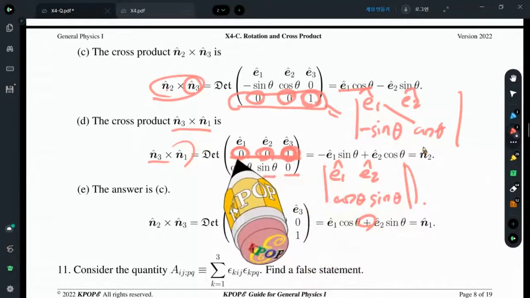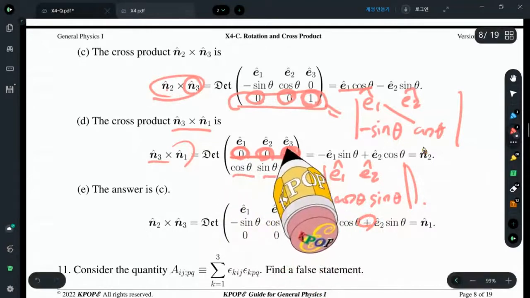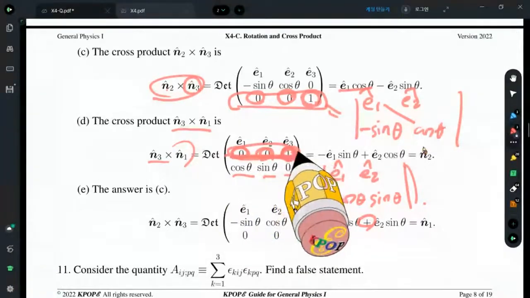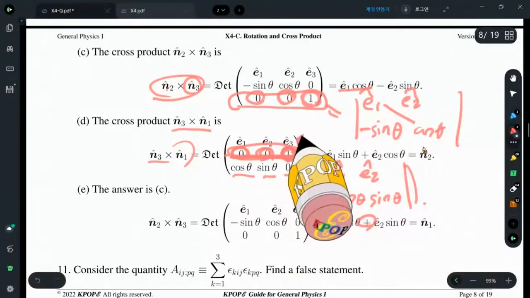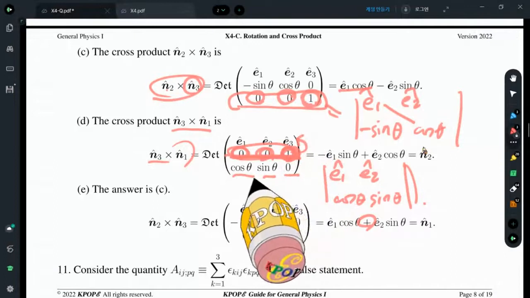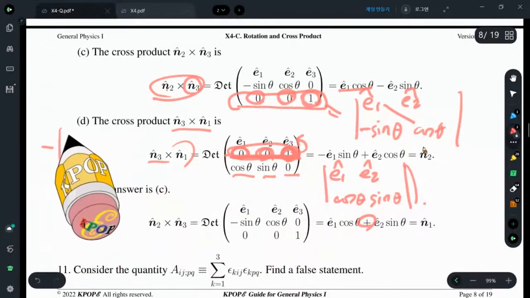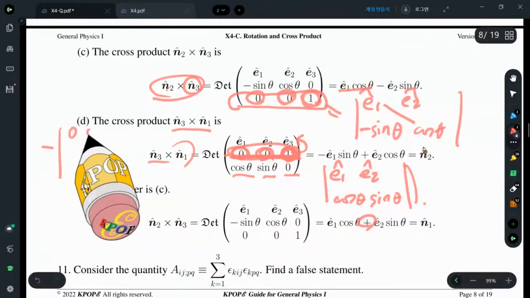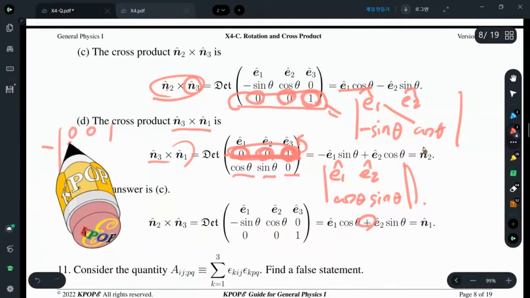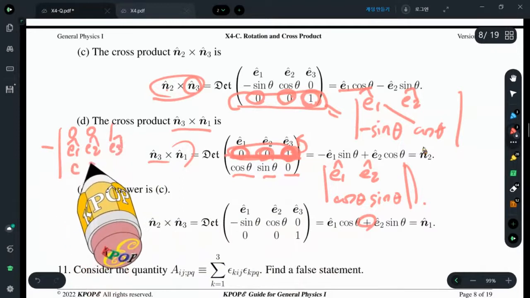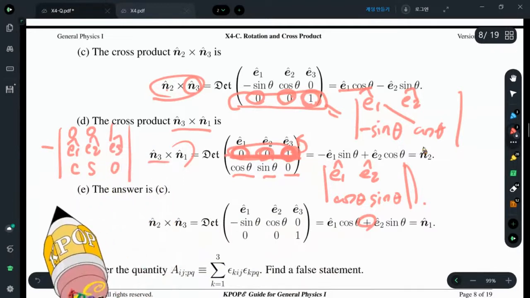However, I have the second, this one. If I exchange these two, I have a negative sign: 0, 0, 1, E1 hat, E2 hat, E3 hat, cosine, sine, 0.